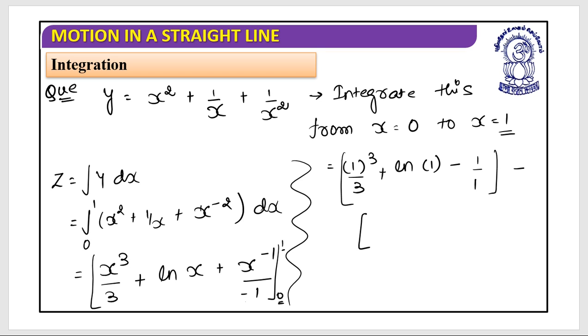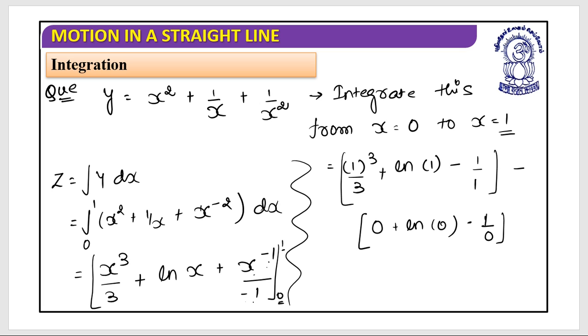It's 0 cubed by 3, which is 0, plus ln 0, and minus 1 by x. If I replace this with 0, this is 1 by 0, and what is the value of 1 by 0?